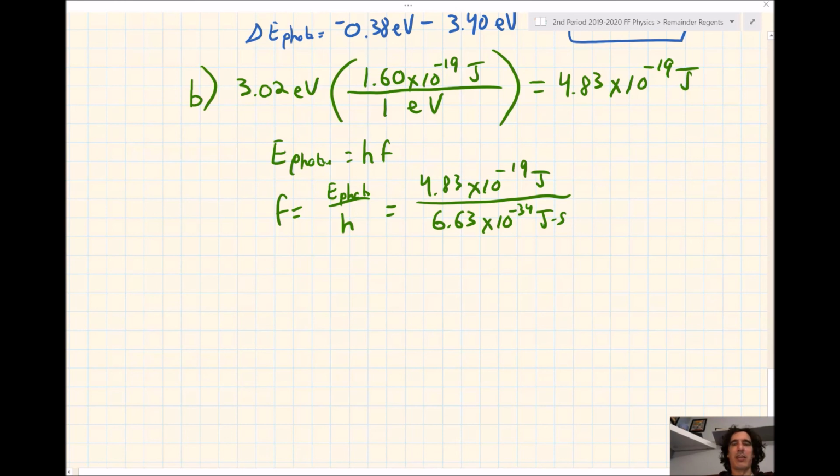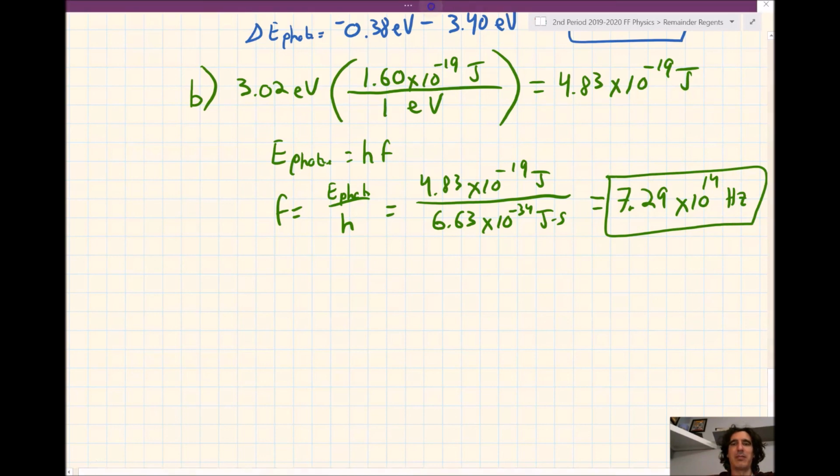We plug that in our calculators, and we get 7.29 times 10 to the 14th hertz. And that's the frequency of that photon.